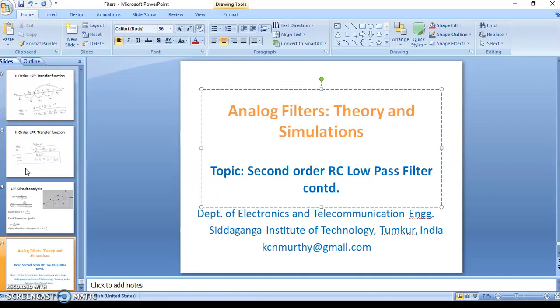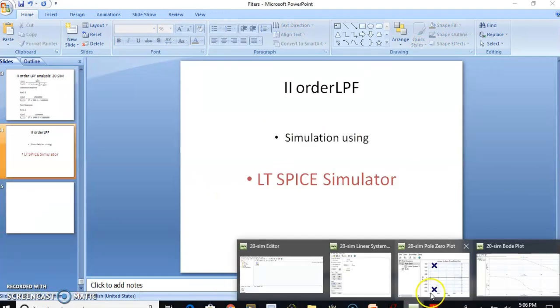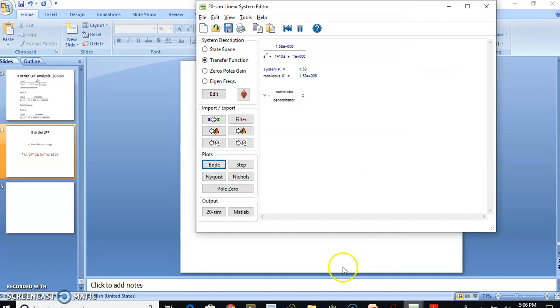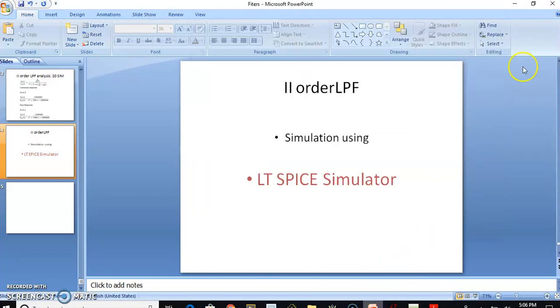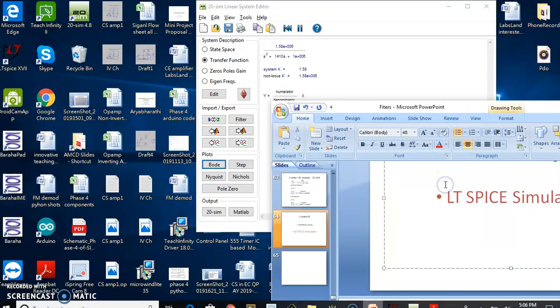So let us go to 20-sim and try to edit the same transfer function. Let us go back to the previous slide to see what the expression is.